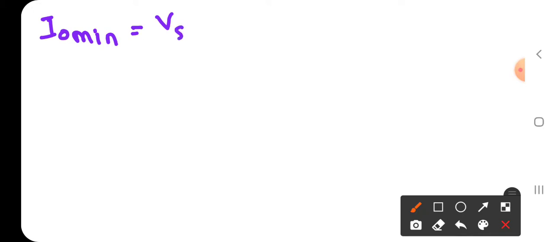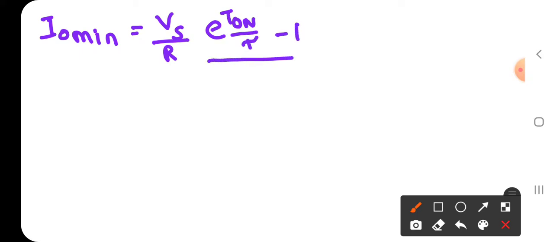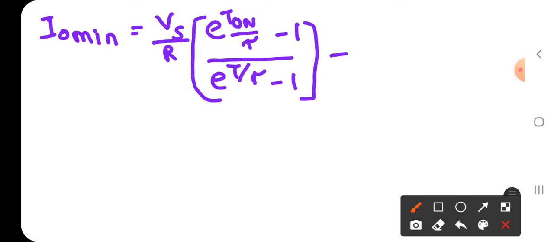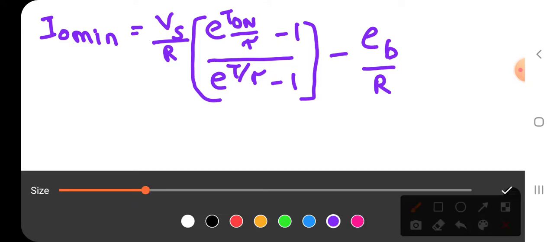Vs by R into (e power t on by tau minus 1) by (e power t by tau minus 1) minus EB by R. So here also in the place of EB, we take the value E, and we substitute all the values whatever we know.